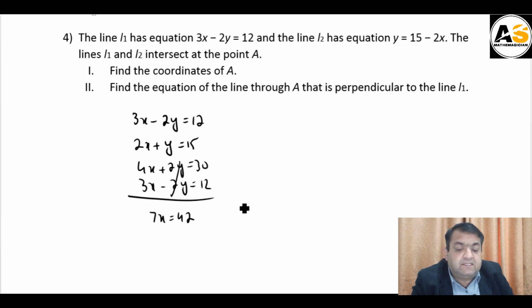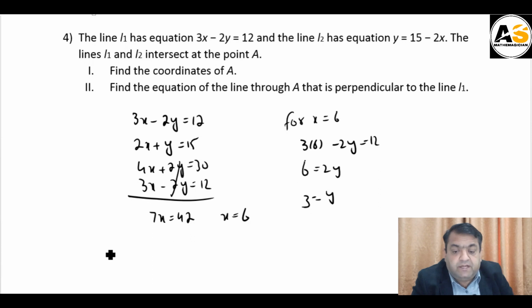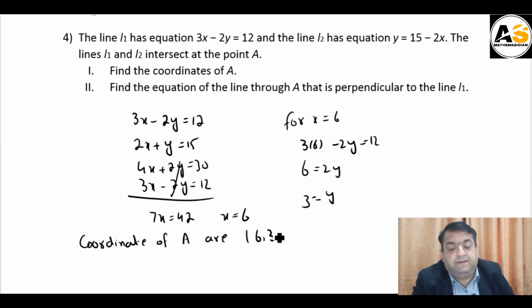It means x is equal to 6. For x equal to 6, I will put the value of x in the first equation and I will simply get y. y is equal to 3. So what are the coordinates of A? The x coordinate is 6 and the y coordinate is 3.